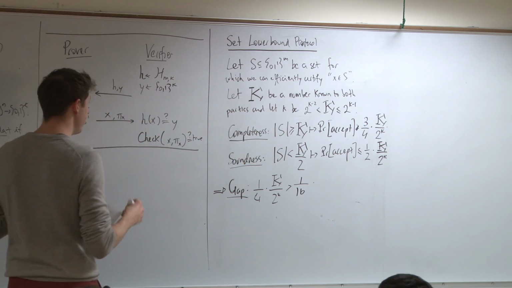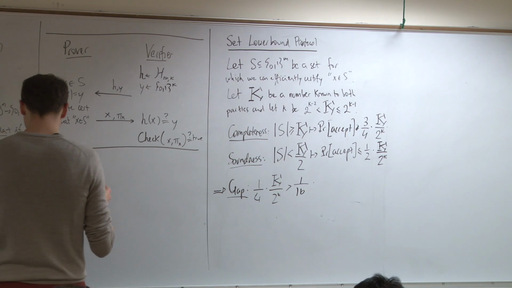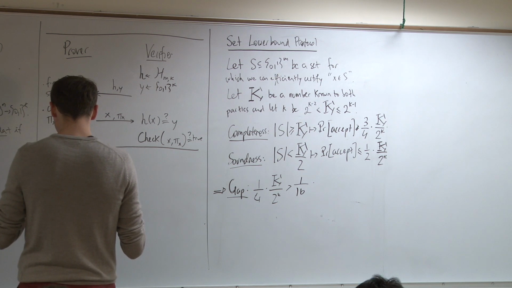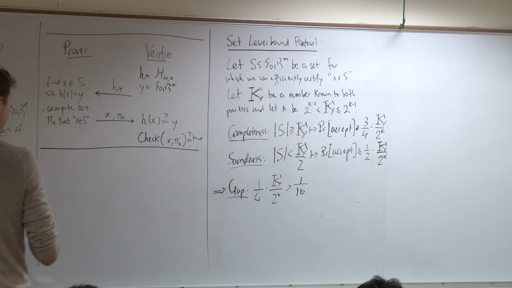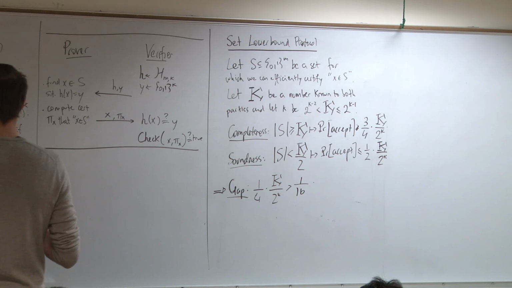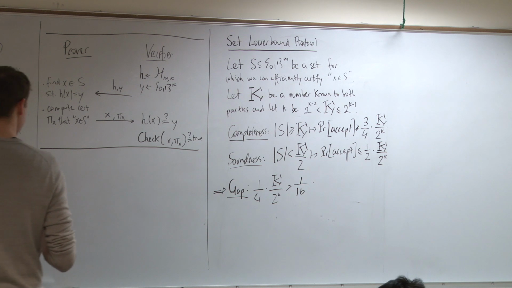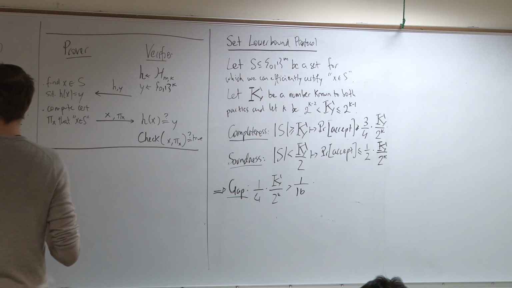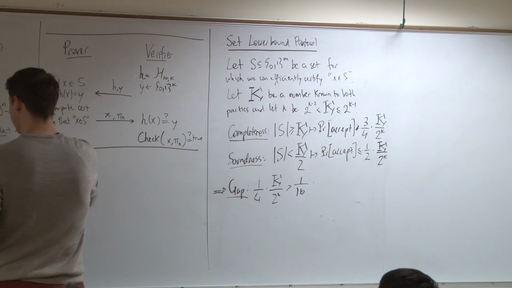Let's start with the easy part, which is the completeness. So where do I want to do this? I kind of stuck myself here. Okay, I will move pairwise independence here, and I will use this board.